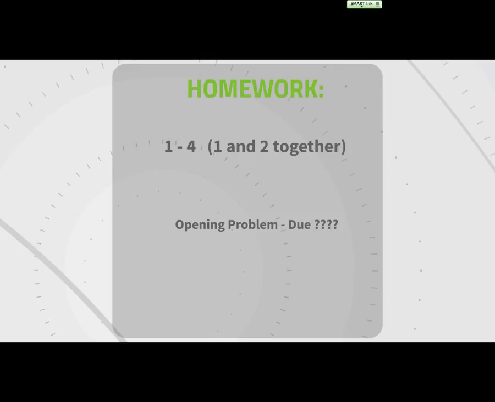She knows what questions are the best ones, right? So her suggestion was to do 1 through 4 for your assignment, but that we do 1 and 2 together as an example. So unless you guys are opposed, let's start your homework. Out of 4 problems, we can get 2 done, and then you only have to do 2. All right. We'll come back to this opening problem a little bit later this week, so ignore that for now.